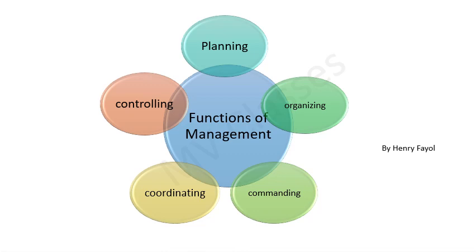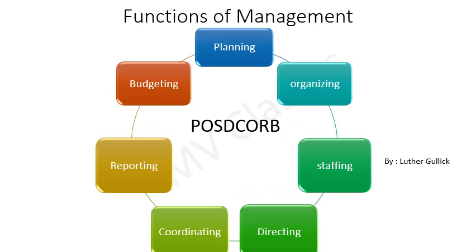It is very easy, because in management you are learning these 5 points, the 5 functions of management given by Henry Fayol. Then there are the functions of management given by Luther Gulick.